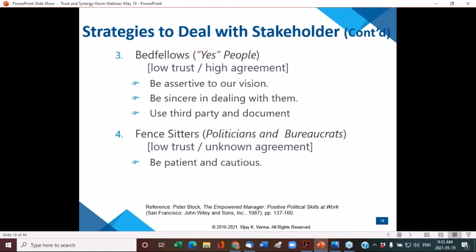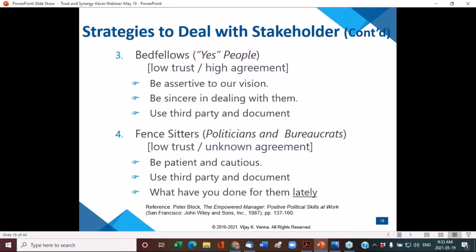So someday if they agree and the agreement is high, don't go out and celebrate and have a bottle of champagne, because be cautious. Use a third party and document again. And to them, you may like to tell them what you have done for them lately.